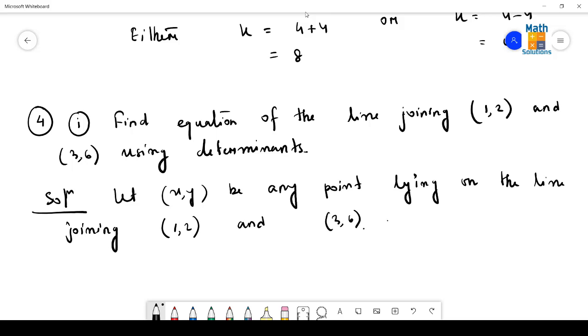That is, this means what? That is, these 3 points are collinear.